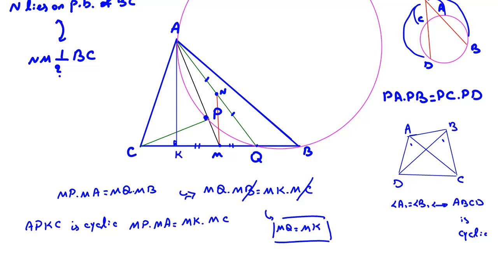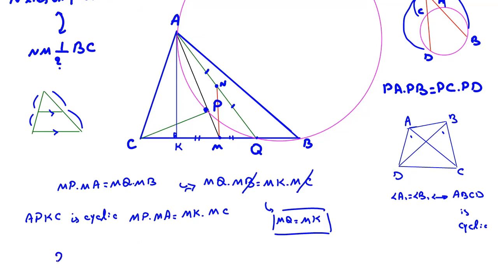Now we can use Thales' theorem, or as a special case, the midpoint theorem, that if we draw this, if this over this equals this over this, then these two lines are parallel. Now QN over NA is 1. QM over MK is also 1.